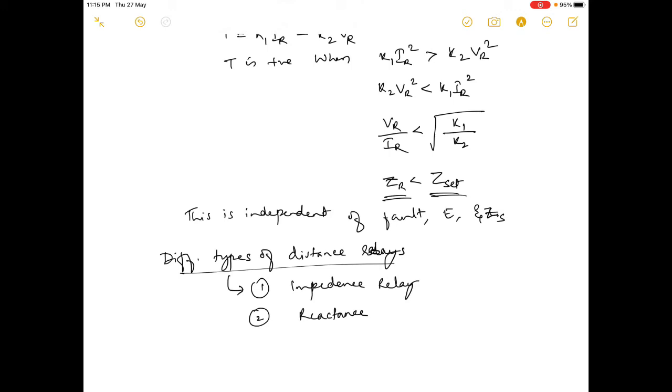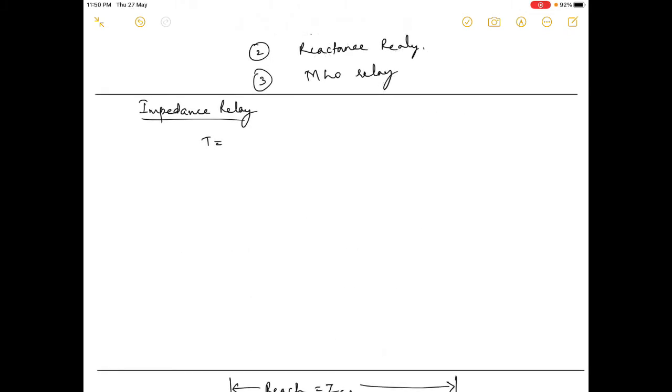Reactance is a part of impedance, correct? And we can also have the mho relay. So each one has its advantages and disadvantages. We will see all those things. Fine. Now we will see the impedance relay.